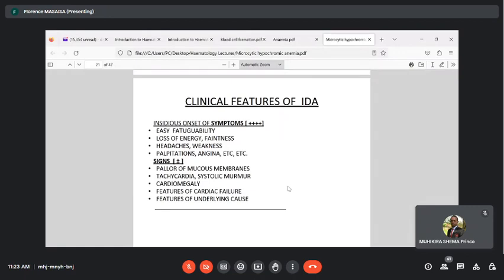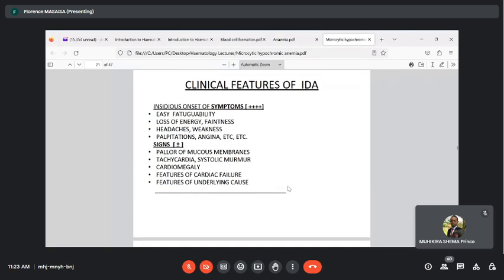Conjunctival pallor is the best sensitive and specific test to know if the patient is anemic, because the patient may have pallor on the hands, palmoplantar, due to other conditions. But when you see conjunctival pallor, it's really specific for anemia. If the anemia is severe, the patient may also have tachycardia, systolic murmur, cardiomegaly, because of the severity and the duration of the anemia.